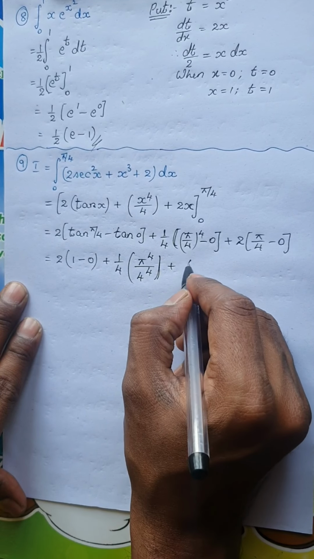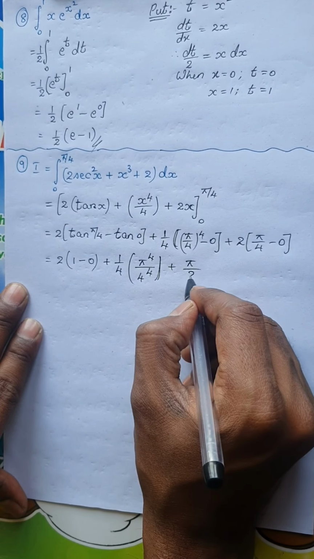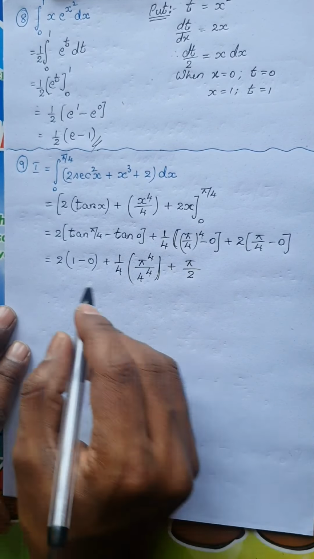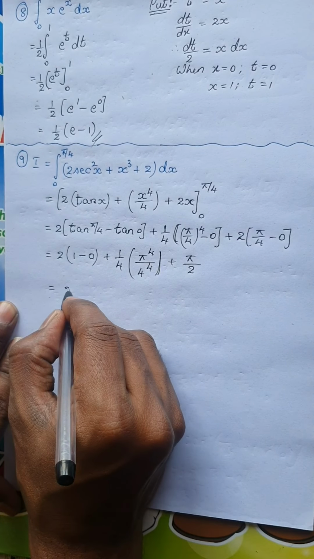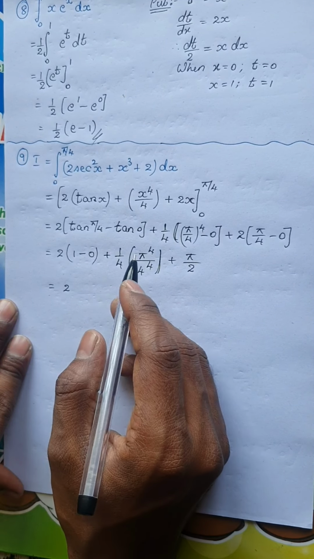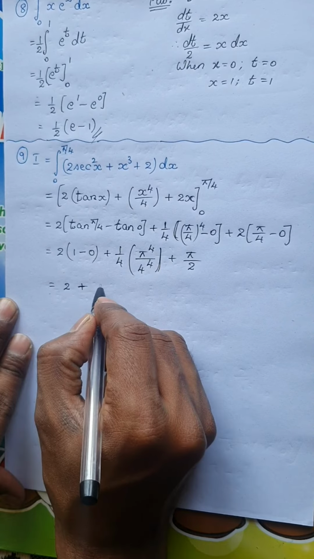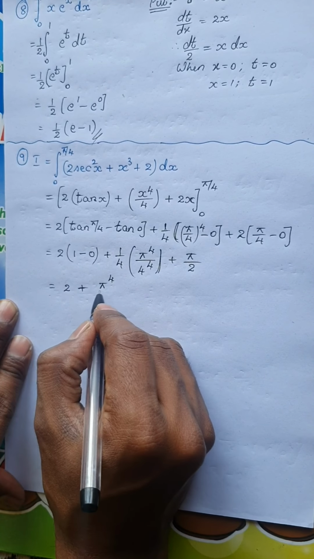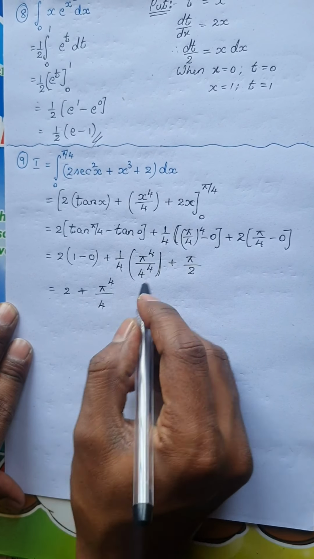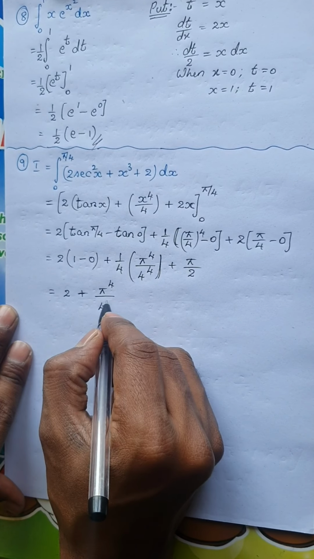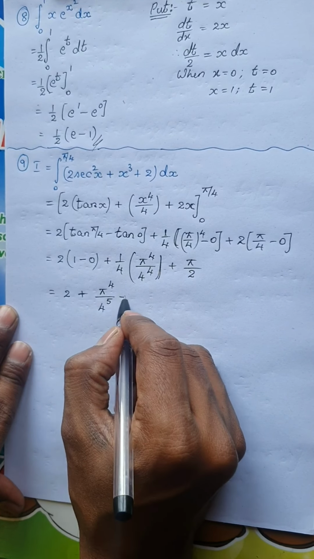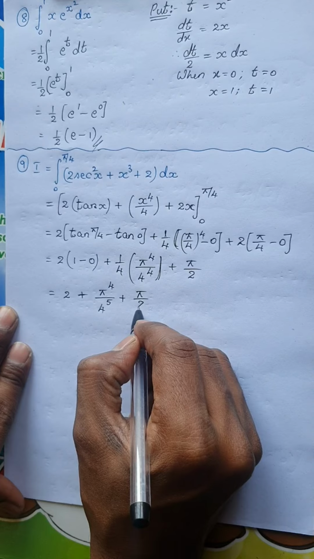Plus this is pi divided by 2, 1 twos are 2. So the final answer would be 1 minus 0 is 1, 1 twos are 2. So it is 2 plus pi power 4 divided by, I already have 4, another 4 there, so it is 4 power 5, plus pi by 2.